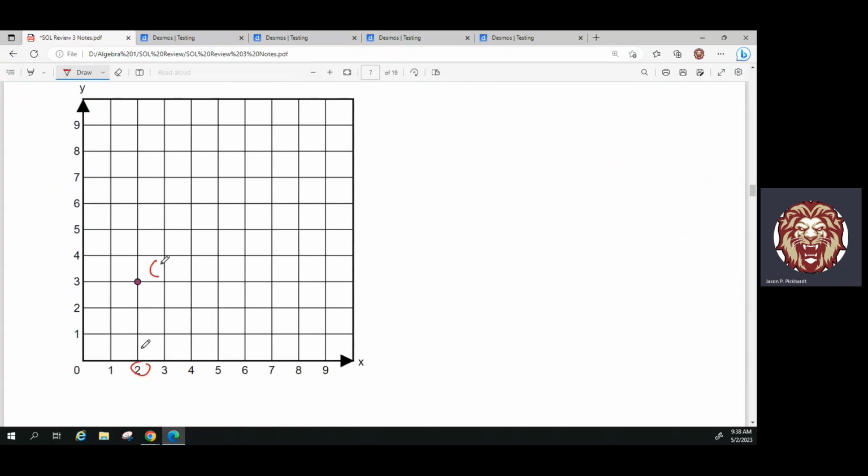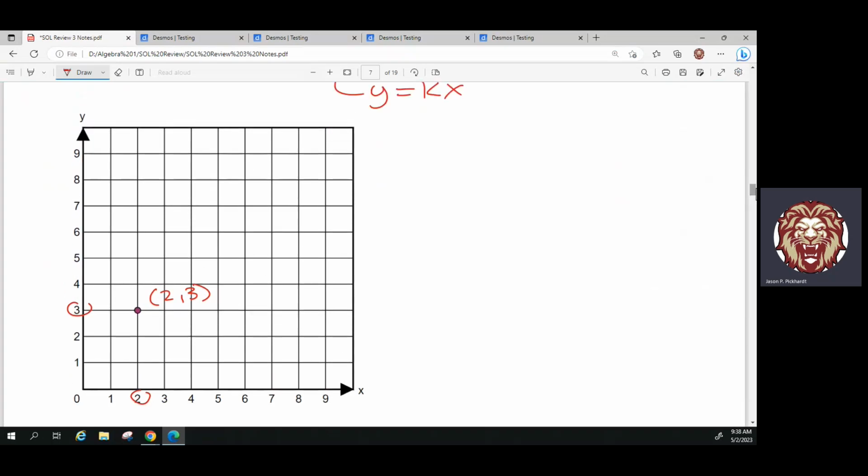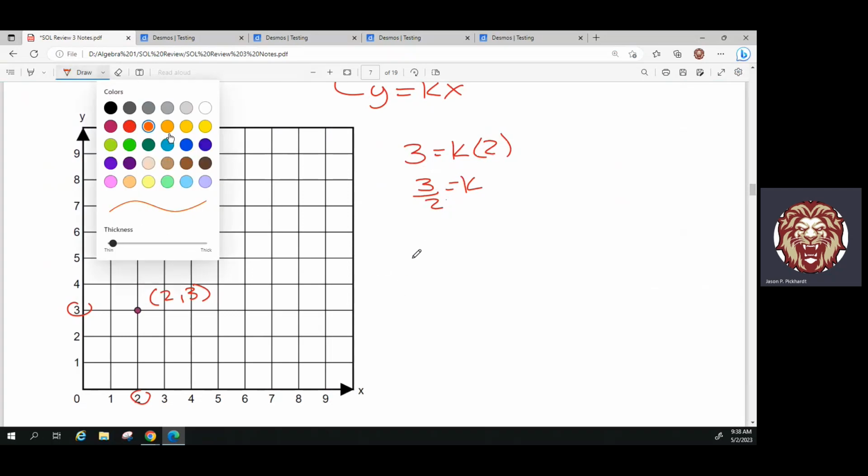Its x value is 2, and its y value is 3. And so we can use that to find k. We can plug 3 in for y and 2 in for x. We can divide both sides by 2 to figure out that k is 3 over 2. Then we go back in and plug k into our original.